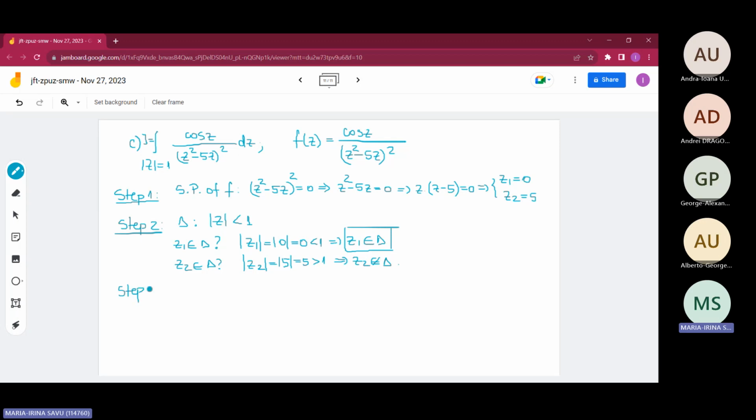At step 3, we have to find out what type of point this is, and this is why we take the limit when z goes to z1 of f of z, which is actually the limit when z goes to 0 of cosine of z over this expression.